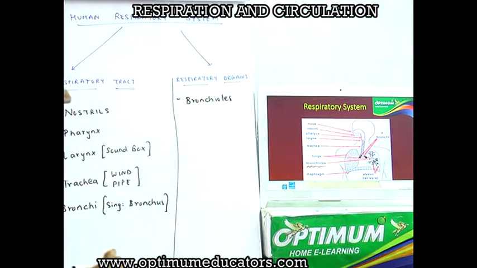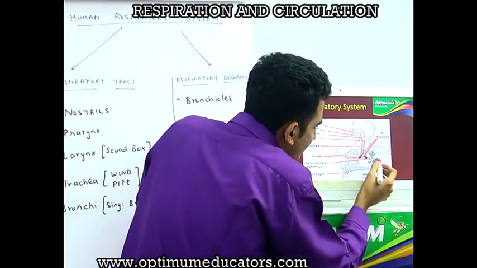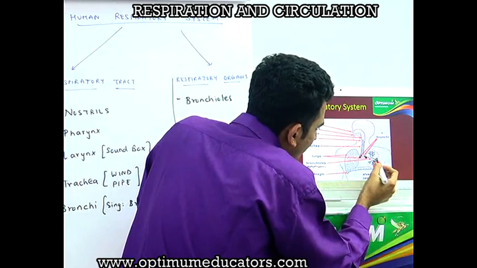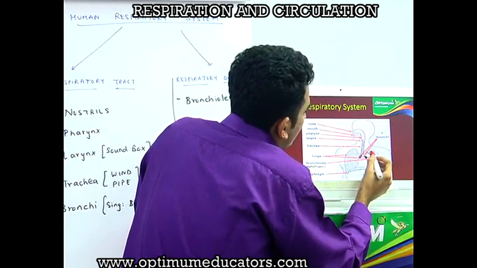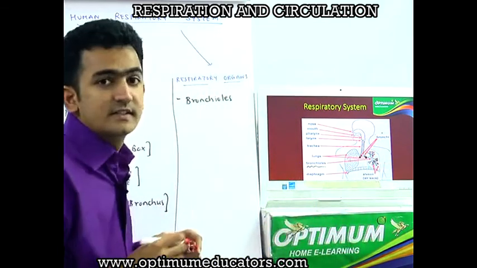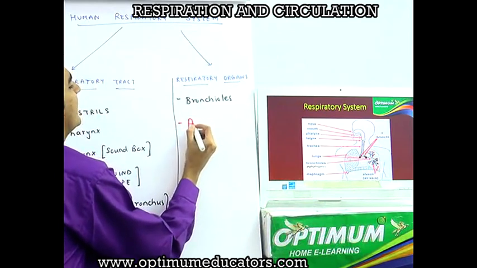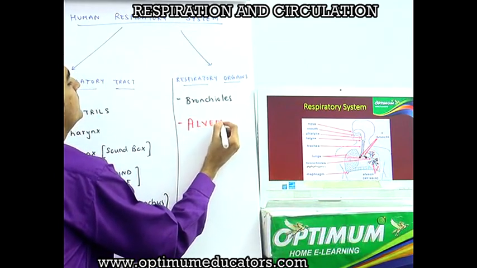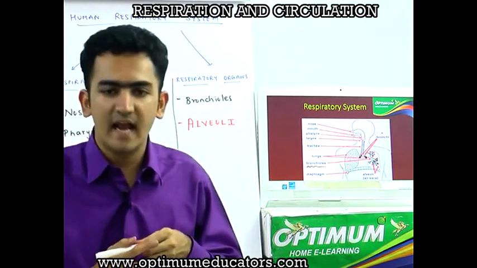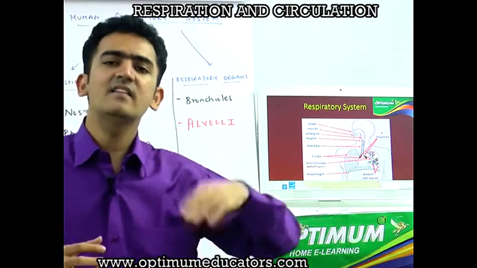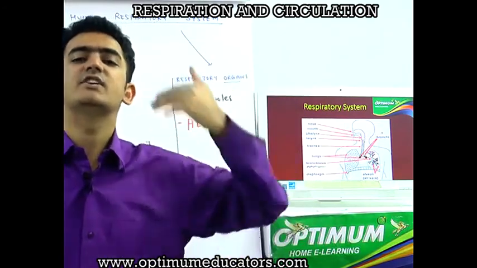And then finally, if you observe, all these branches are ending into some bunch of grape-like structures. And these grape-like structures are called alveoli. And why do I write them in red? Because they are the actual organs which carry out exchange of gases.